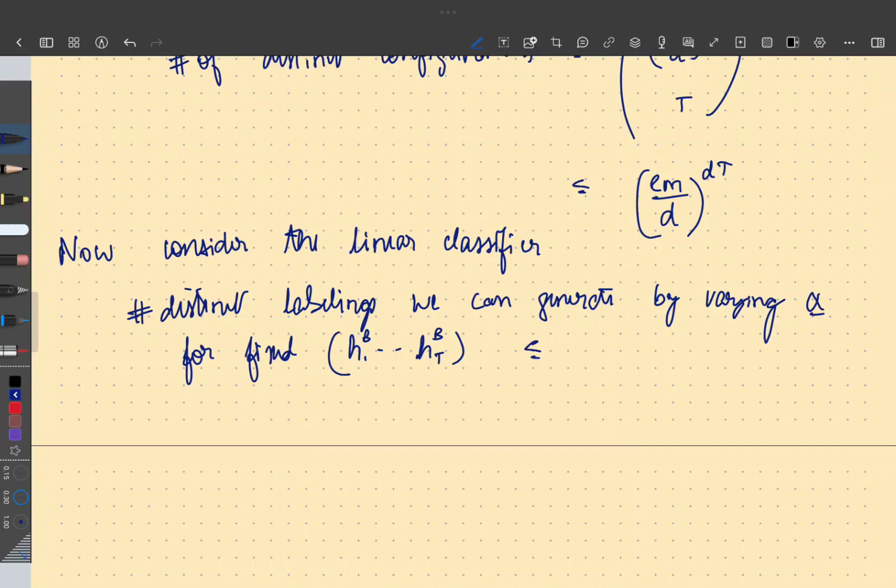Once again, this is just upper bounded by the growth function of linear classifiers. And the VC dimension for the linear classifier is t. Therefore, this is upper bounded again by the Sauer-Shelah lemma by em by t whole to the power t.